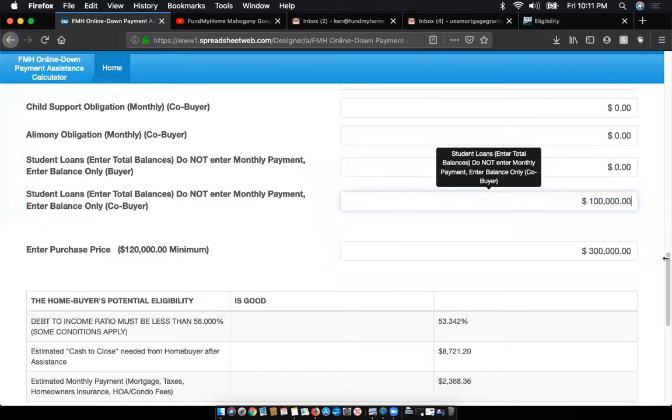So here, if they have zero student loans, you put zero. But if you put whatever amount and it exceeds certain parameters, the calculator will automatically detect it and restructure it and give you a result that other calculators will not give you.